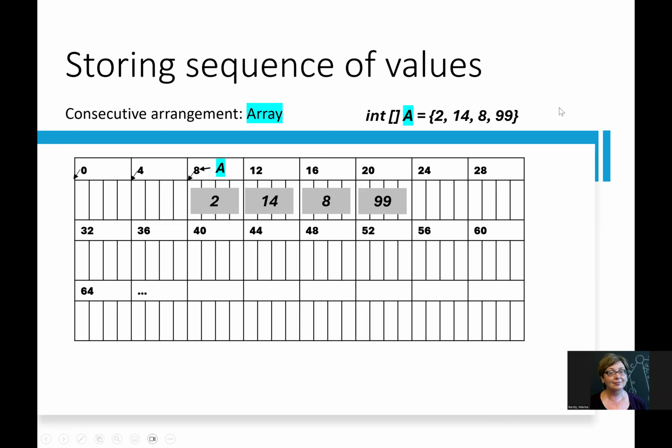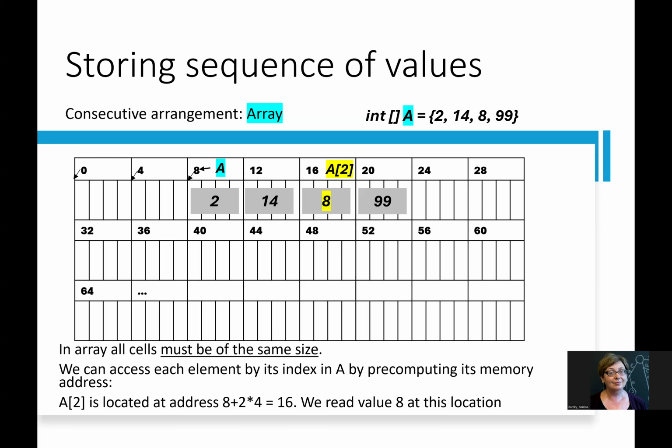Such an arrangement of data is called an array. The first element of the array can be accessed directly through the address stored in the variable a.